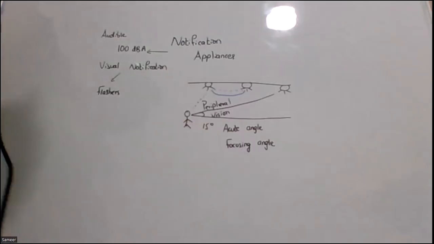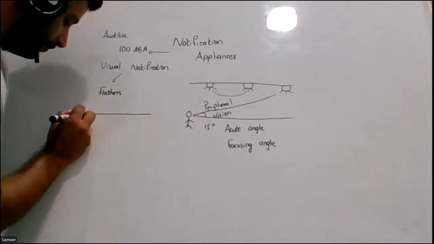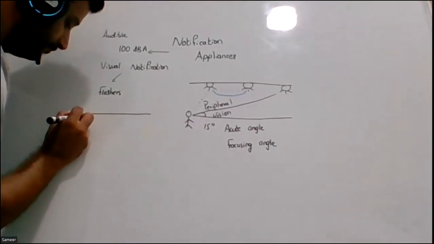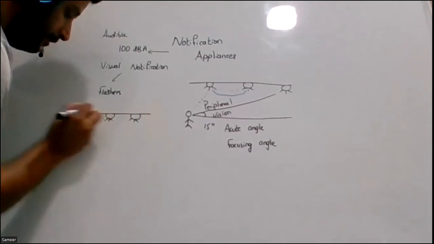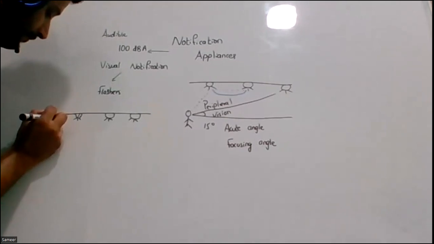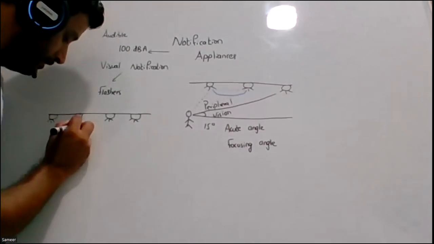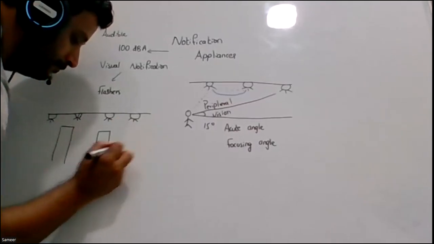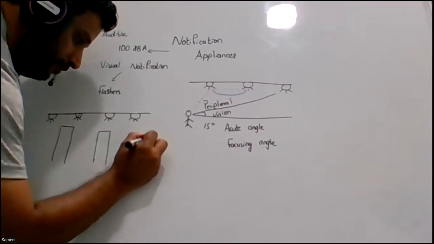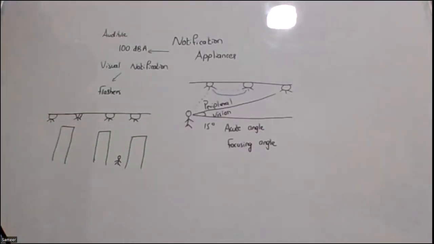Let's take a scenario. Let's say I have visual notification appliances throughout the ceiling. Now I have certain obstructions in between. If a person is somewhere here, there is no acute angle here.